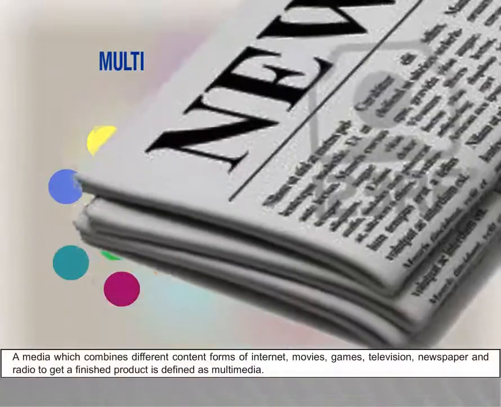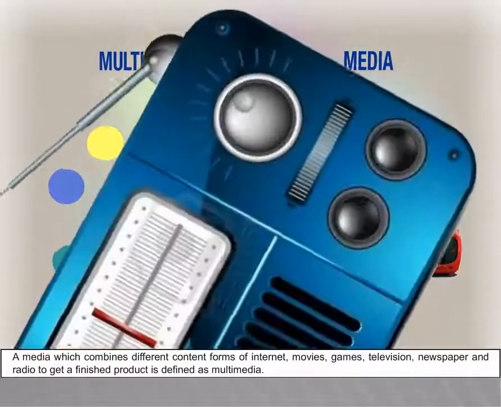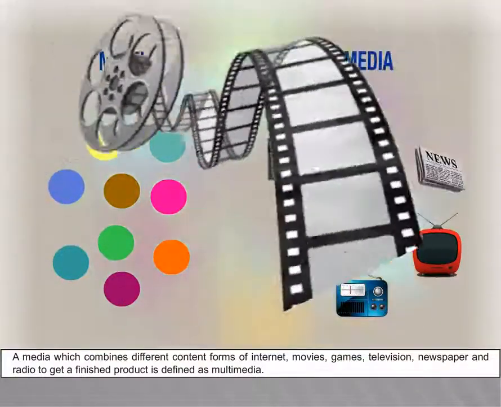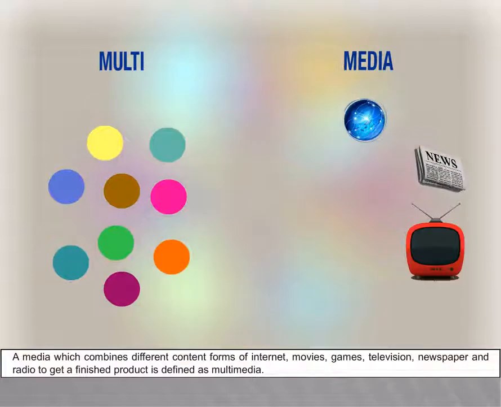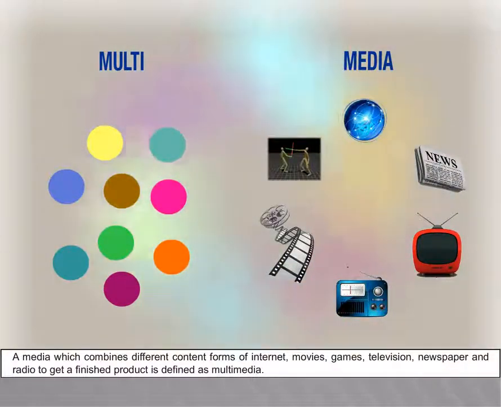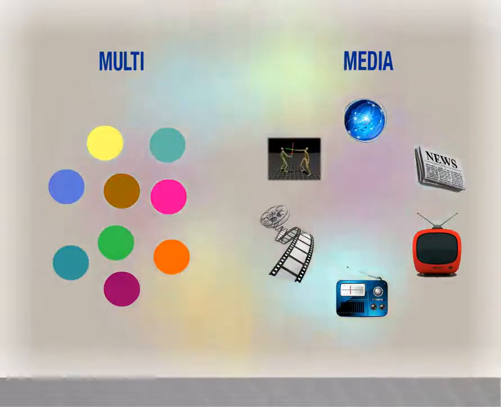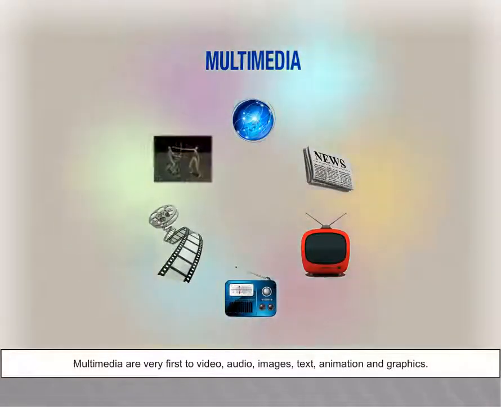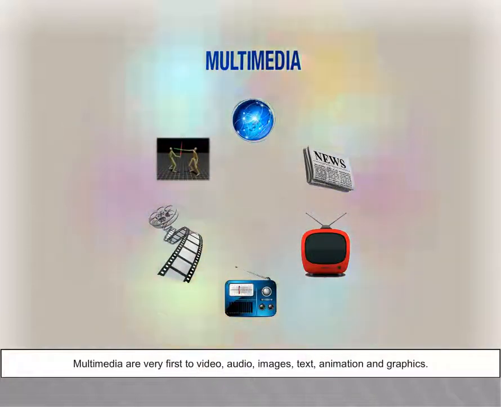A media which combines different content forms of internet, movies, games, television, newspaper, and radio to get a finished product is defined as multimedia. Multimedia refers to video, audio, images, text, animation, and graphics.